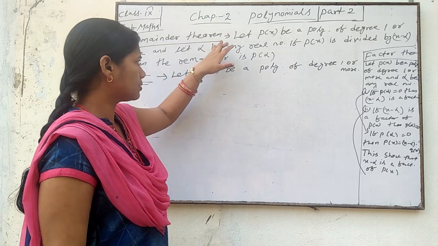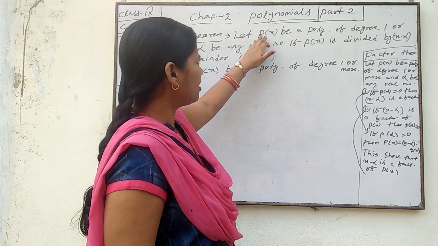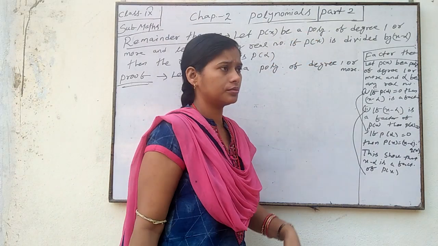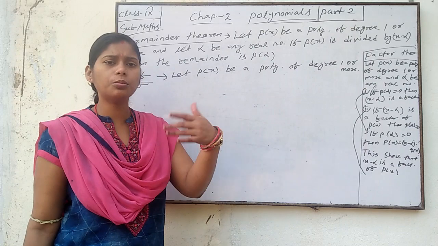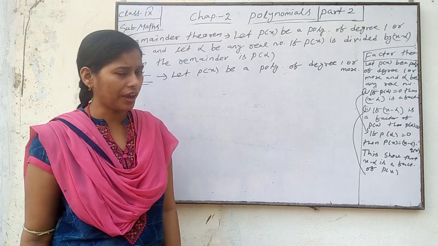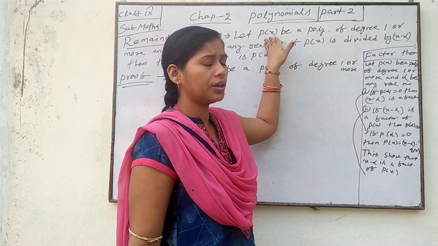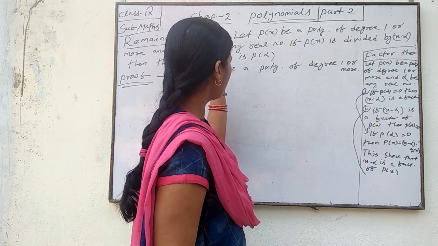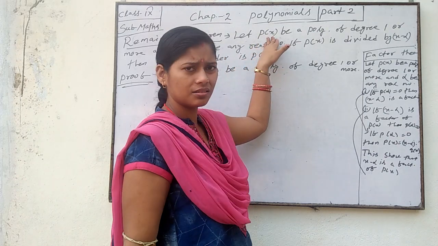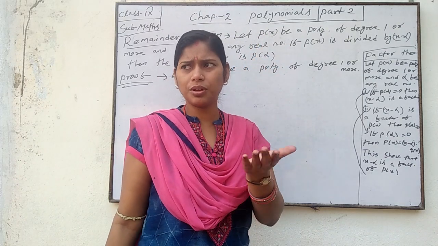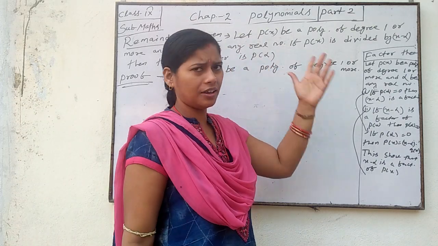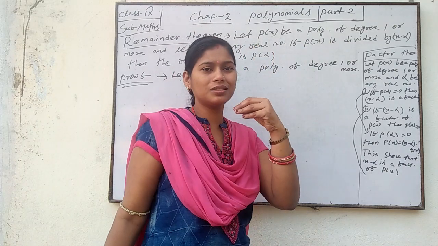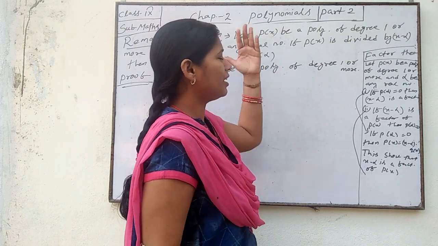The statement is: let p of x be a polynomial of degree 1 or more. You can take any alphabet in place of x, that may be y, z, s, t, anything, but generally we take the variable as x.